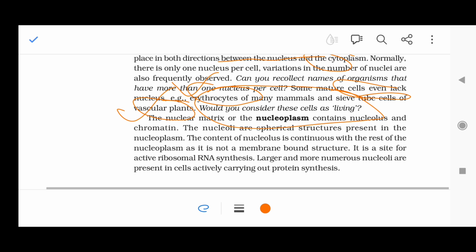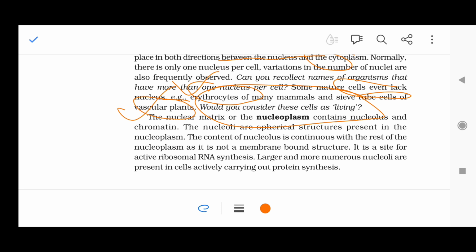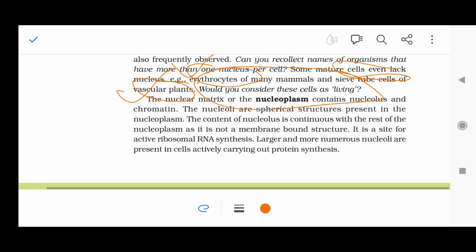The nuclear matrix or the nucleoplasm contains a nucleolus and chromatin. The nucleoli are the spherical structures present in the nucleoplasm. The content of nucleolus is continuous with the rest of the nucleoplasm as it is not a membrane bound structure.